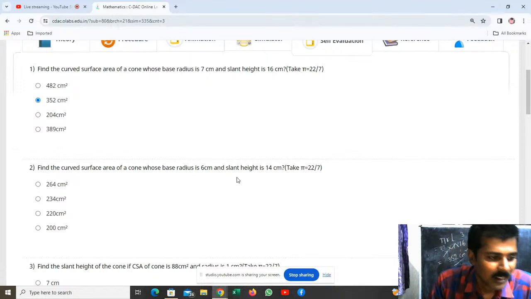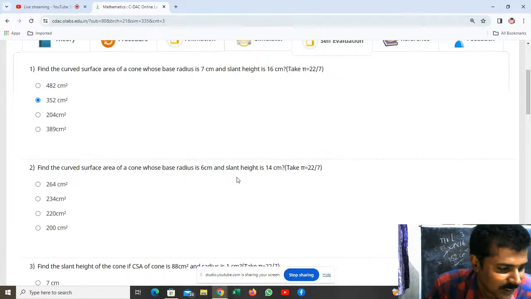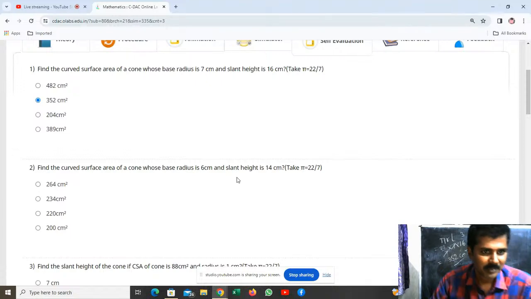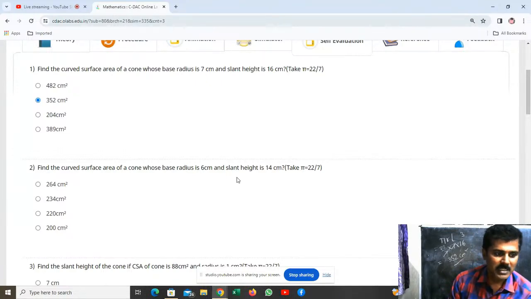Try here. Radius r equals 6 and slant height equals 14. Come on, quick, whoever says this. Yes, Satya is right. And I'm asking the second question: find the curved surface area of a cone whose base radius is 6 centimeters and slant height is 14 centimeters.